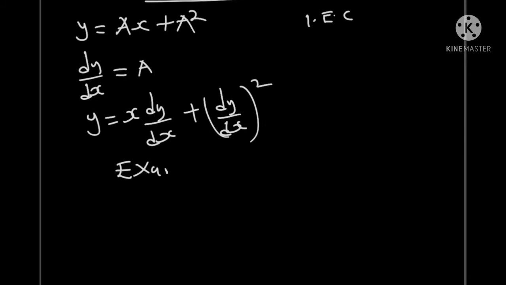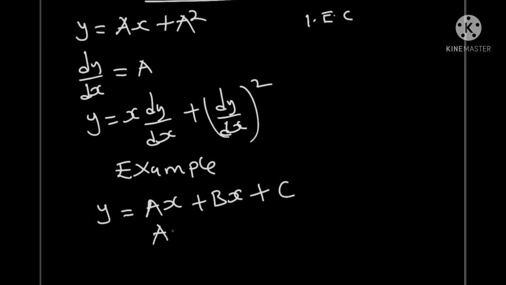Example 3. Suppose we have y equals ax plus bx plus c. As you can see, a and b can be factored out, so we can have (a plus b), put in brackets, x plus c.